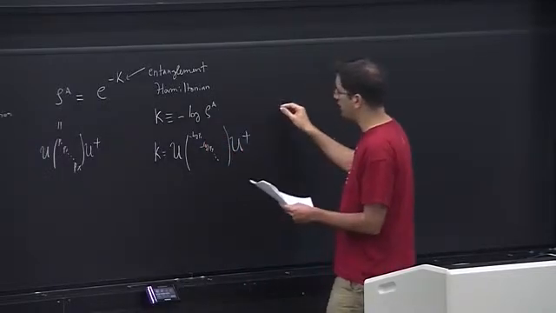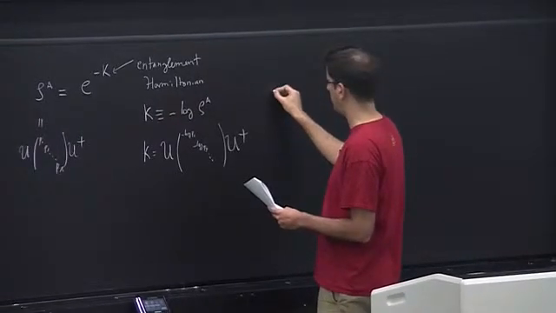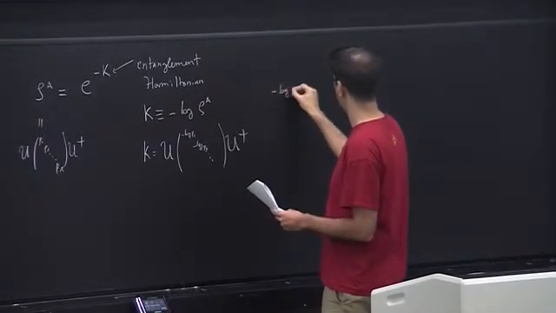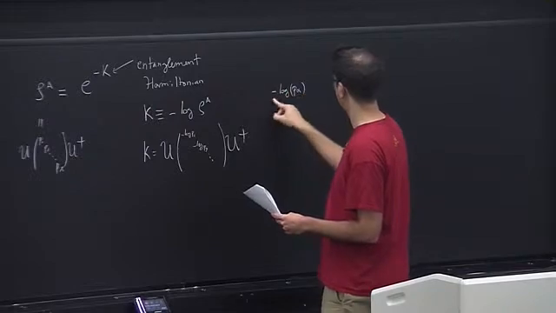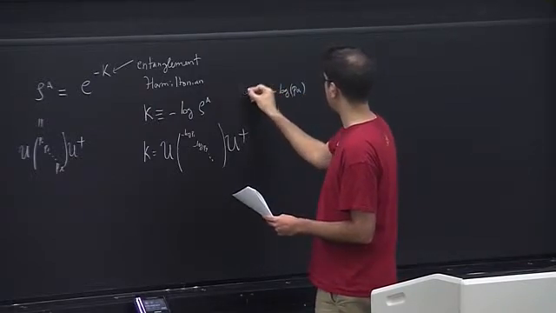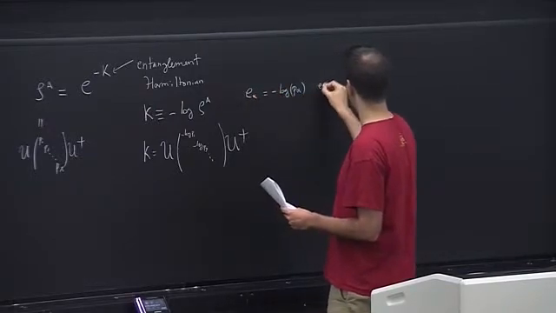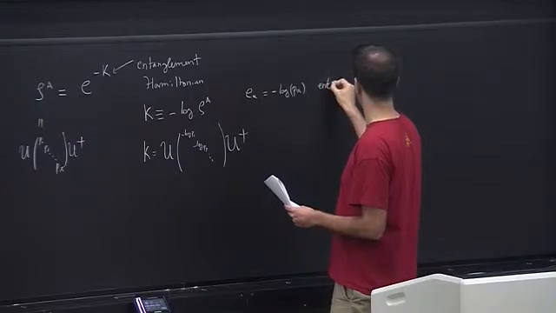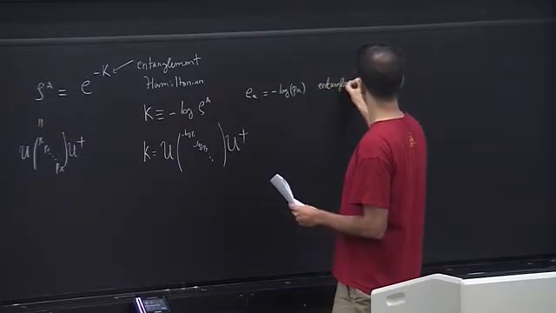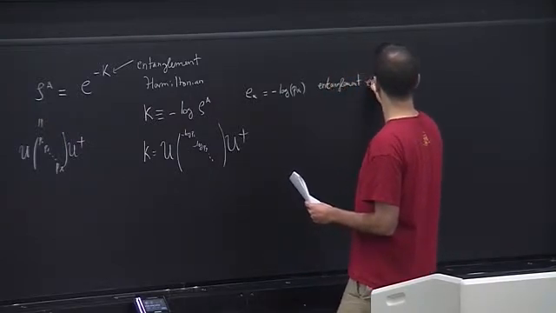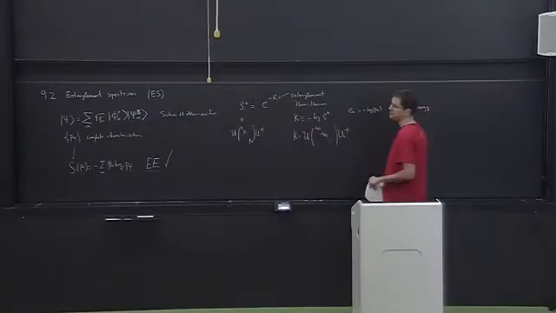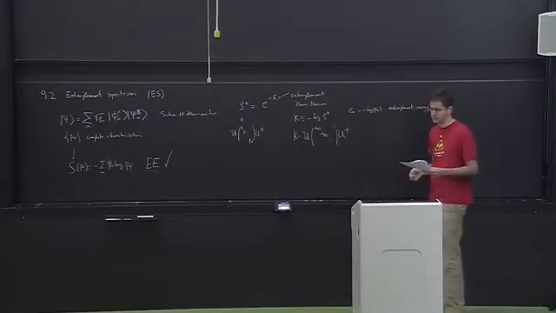And we're going to call this minus log of p alpha, E alpha, the entanglement energy. Okay? And so far, these are definitions.